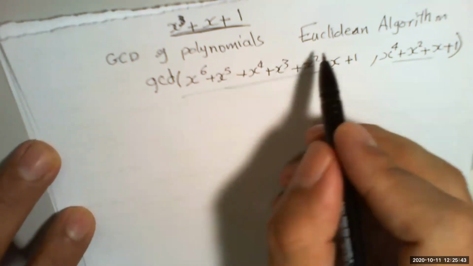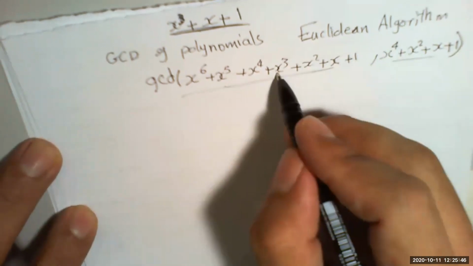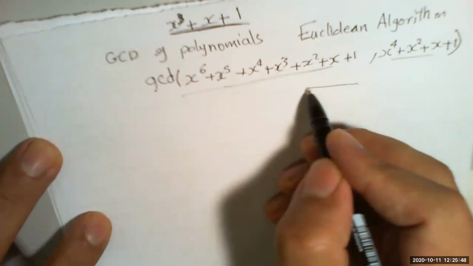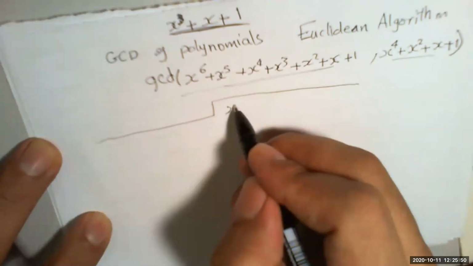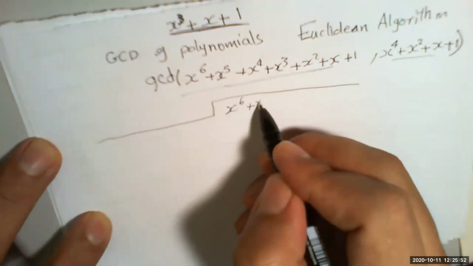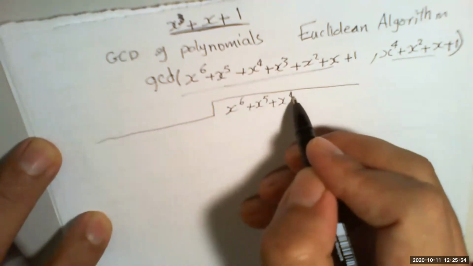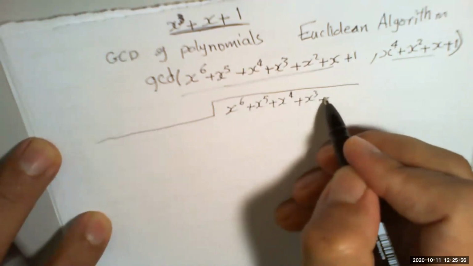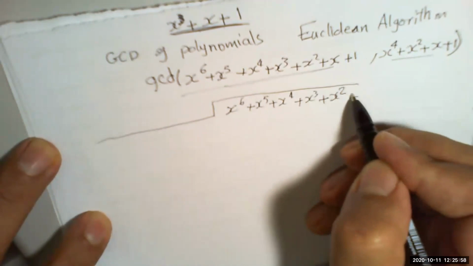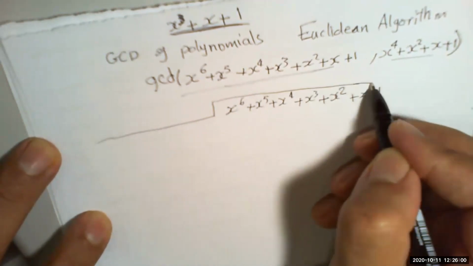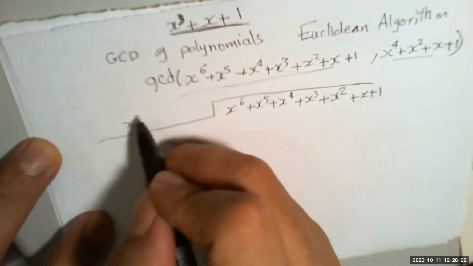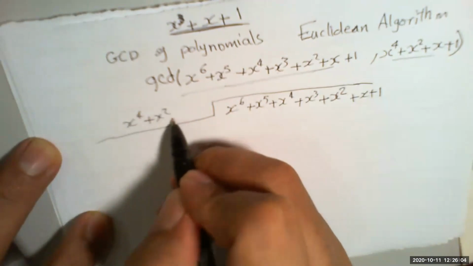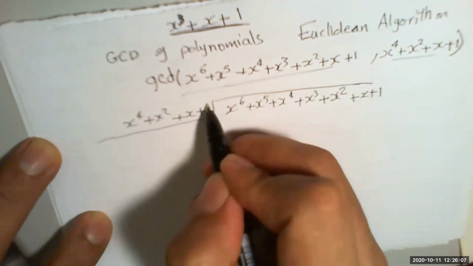Yes, we can apply the Euclidean algorithm. Just divide that by that, with longhand division. x^6 + x^5 + x^4 + x^3 + x^2 + x + 1 over x^4 + x^2 + x + 1.